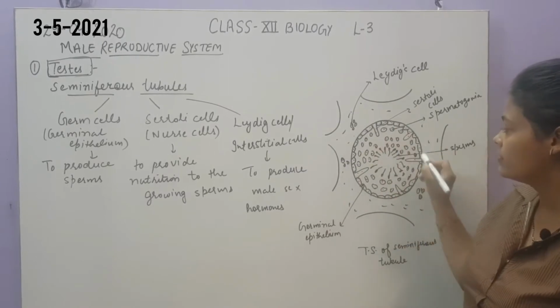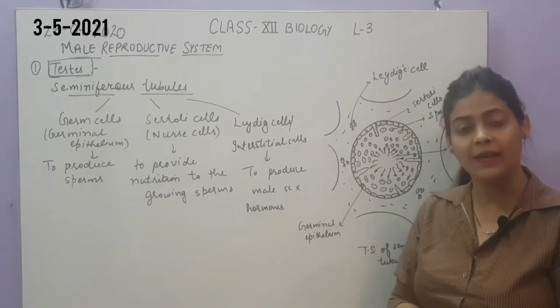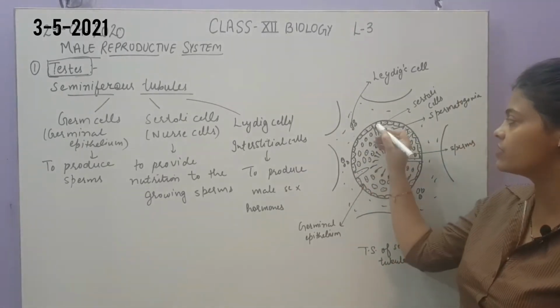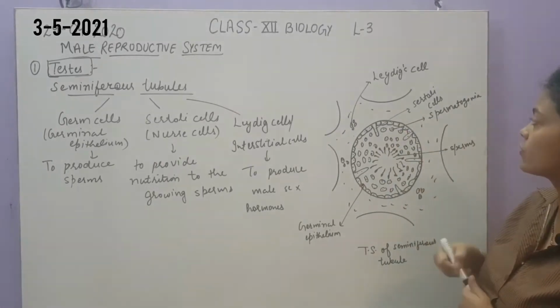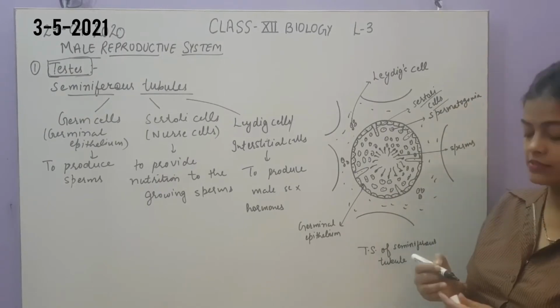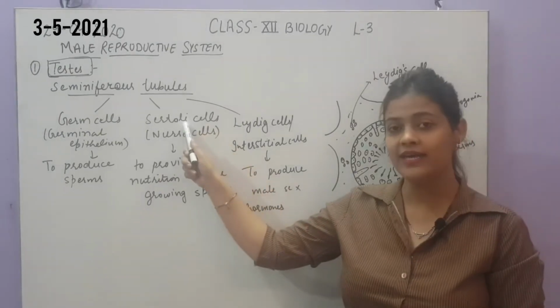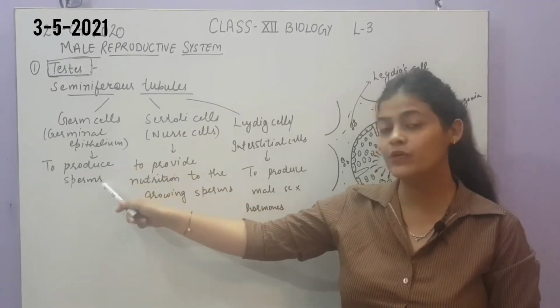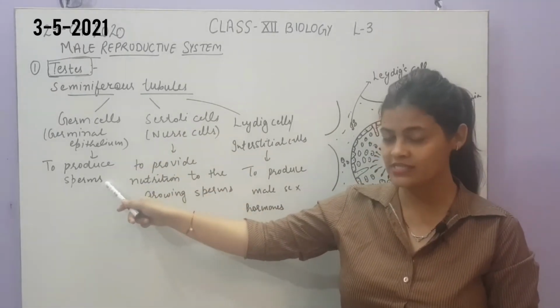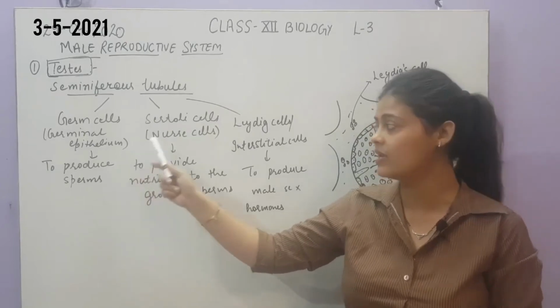So you can see here, this is the germinal epithelium, and in between the germinal epithelium, these elongated rod-like cells are present, which are called Sertoli cells. So germ cells are from germinal epithelium. They will produce sperms by gametogenesis. We will take up the steps later in detail.